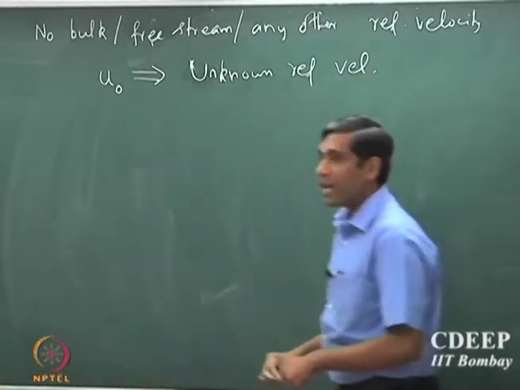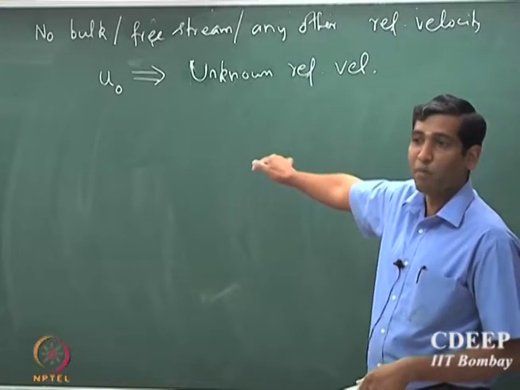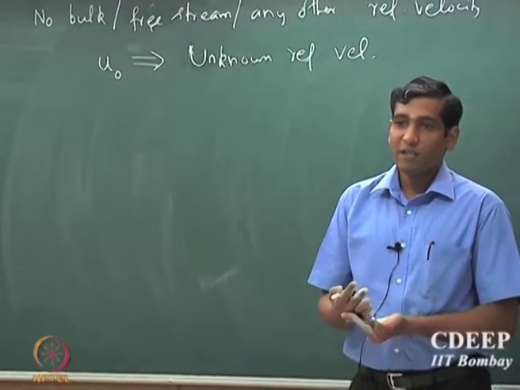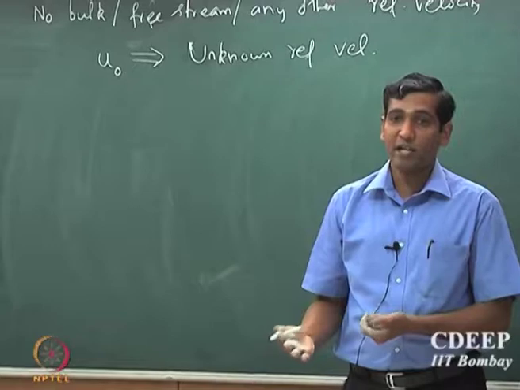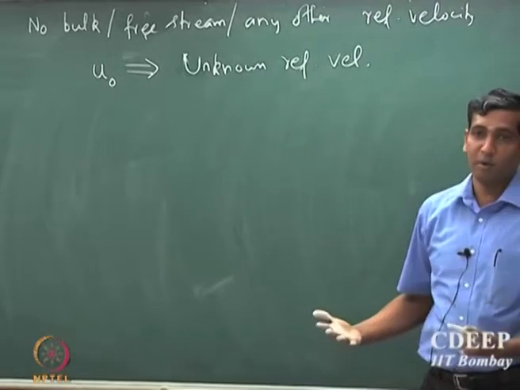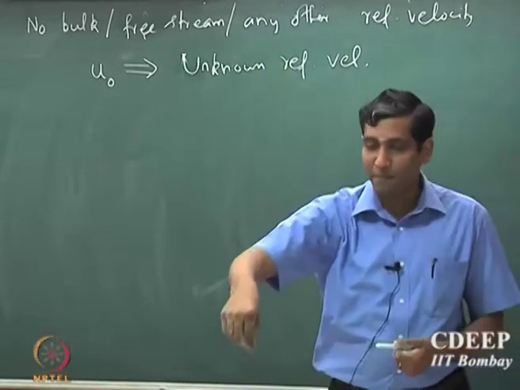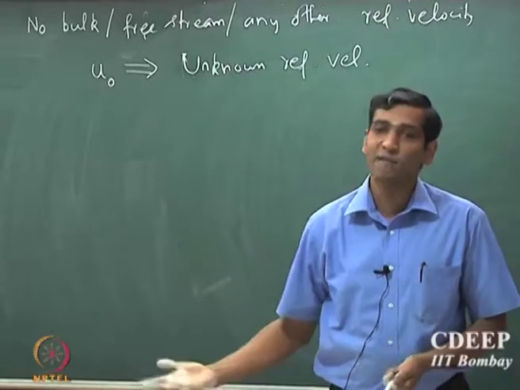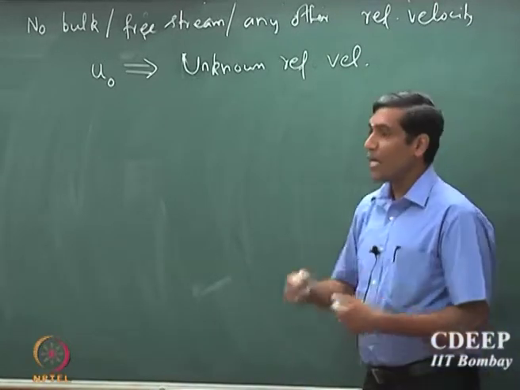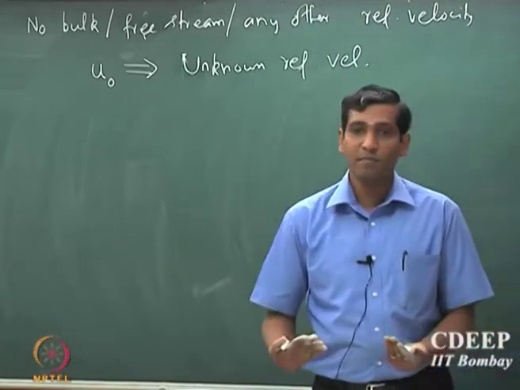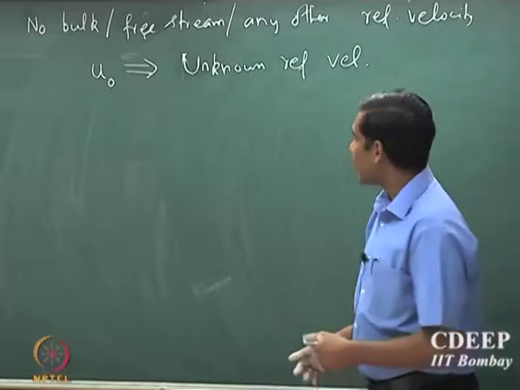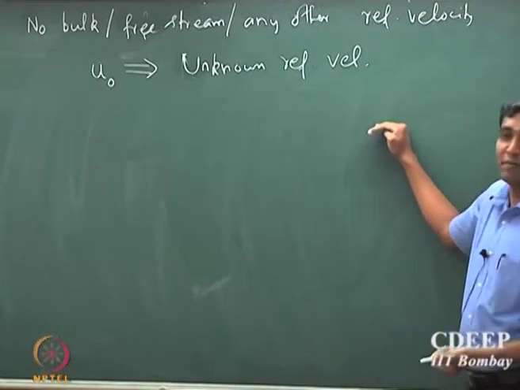Okay. Now the only place where this reference velocity plays an important role is when you want to make an important decision whether the free convection or a forced convection is playing a dominant role in a real problem. So here we have assumed that the problem is only a free convection problem, but in principle, even when you are going to drop a plate inside, there is going to be some disturbance of the bulk fluid, and so you would expect that there will be some velocity. So the question is, how do I decide whether for a given problem it's the free convection or the forced convection which is the dominating mode of heat transport? So it is at that situation where this unknown reference velocity will play an important role.